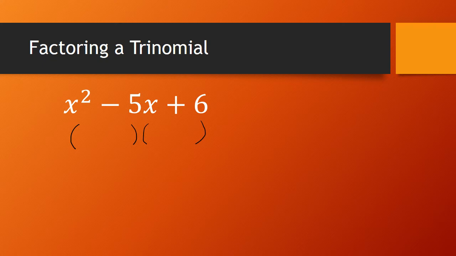I learned that since I have x squared here, that means that I have x in the first factor and x in the second factor, or binomial. I know that the numbers inside the two binomials have a product of 6 and a sum of -5.